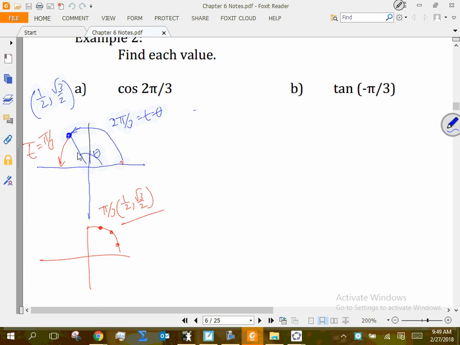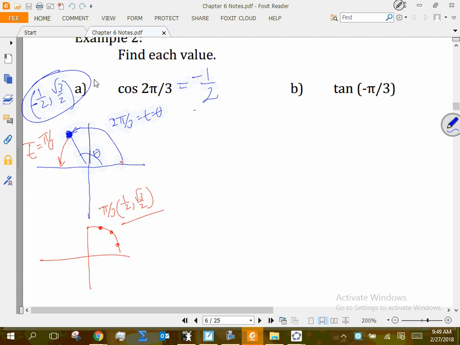But this blue point is in what quadrant? Second quadrant. So the x value should be negative. So now I've created the ordered pair for 2 pi over 3, and the cosine is which one of those coordinates? The x. So that's why I get negative 1/2.